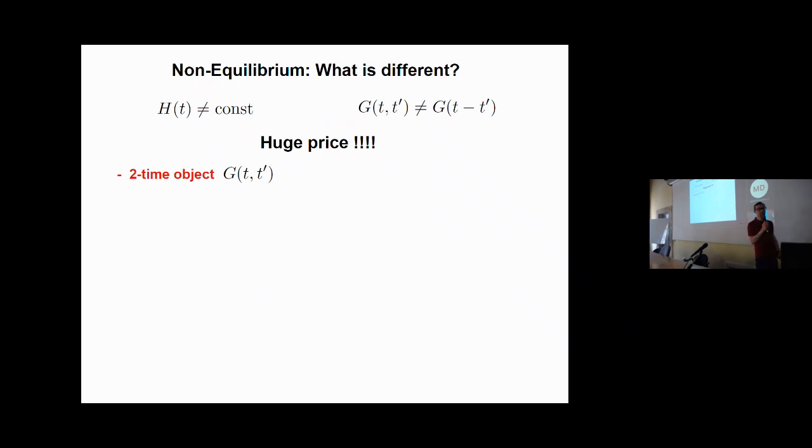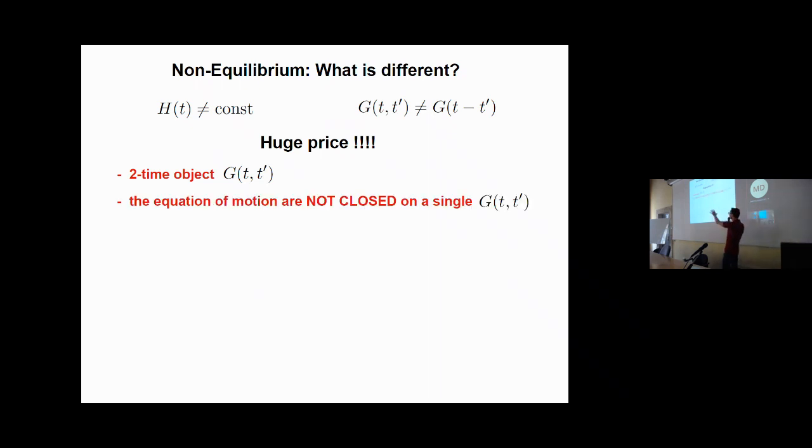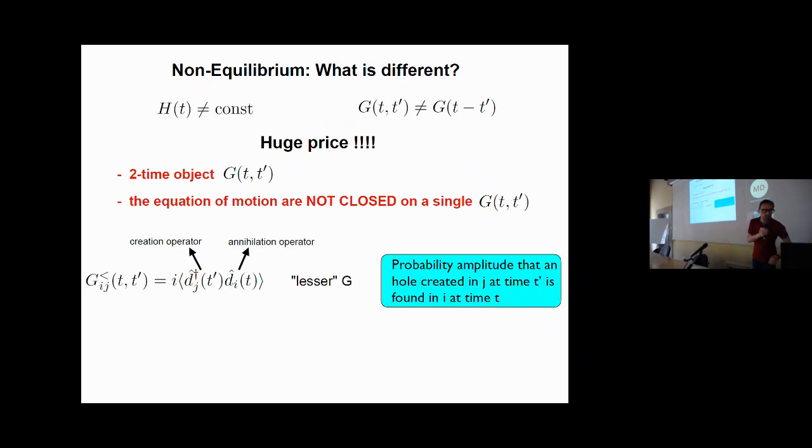Now, the extra difficulty is that if you try to write an equation of motion for this G, you immediately realize that it is not closed in terms of one single Green's function. You need two Green's functions, not only one. And Gianluca yesterday gave an excellent overview on this.